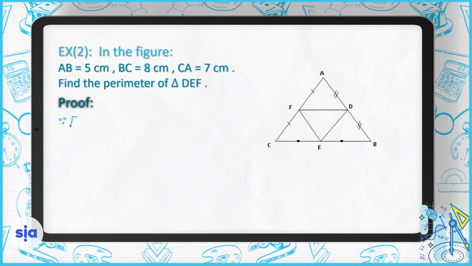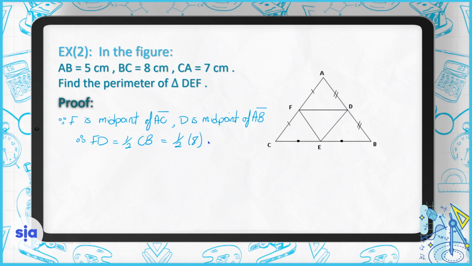Since F is the midpoint of AC and D is the midpoint of AB, therefore FD is half CB, which is half of 8, that is 4 centimeters.